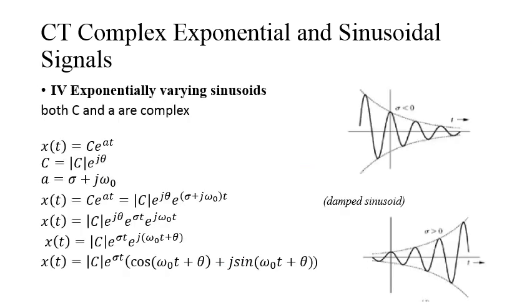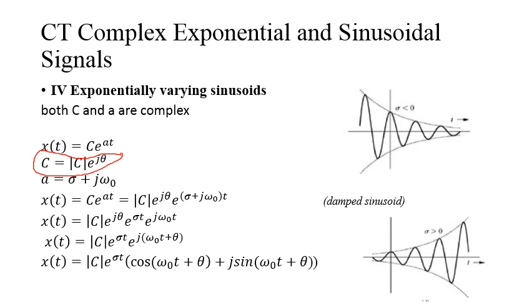Okay, so then we come to the fourth case. In this case both a and c are complex, and we represent c in the polar form. To express a complex number, we have two forms: the rectangular form and the polar form.